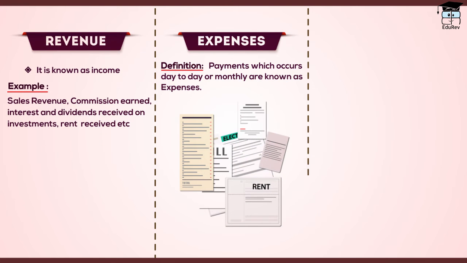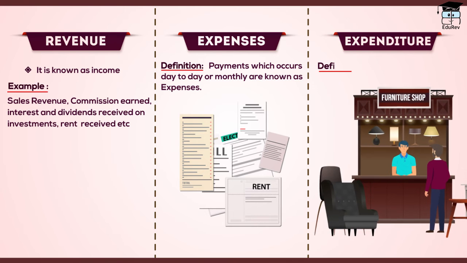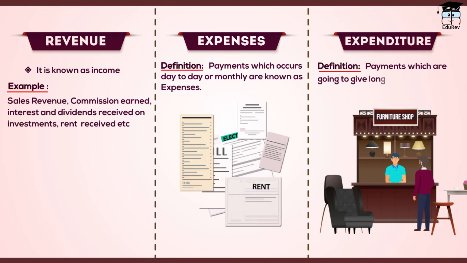But sometimes he must have incurred expenses for purchasing an asset, and this expense is going to give him benefit for a longer time. So such expenses are known as expenditures in accounting. Spending money or incurring liability for some benefits, service or property received is called expenditure.